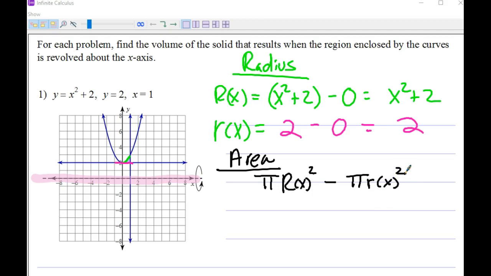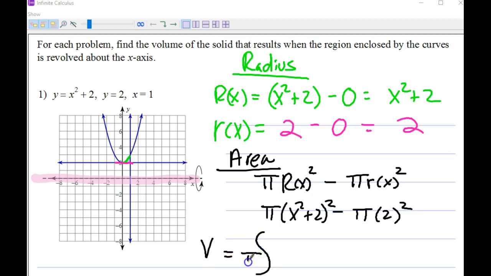So this is the area, and so it's going to be pi times (x squared plus 2) squared minus pi times 2 squared. And then finally we have volume, which is going to be the integral, and we'll go ahead and put the pi on the outside, (x squared plus 2) squared.